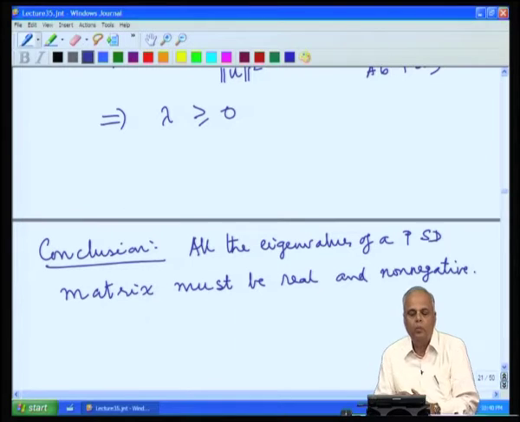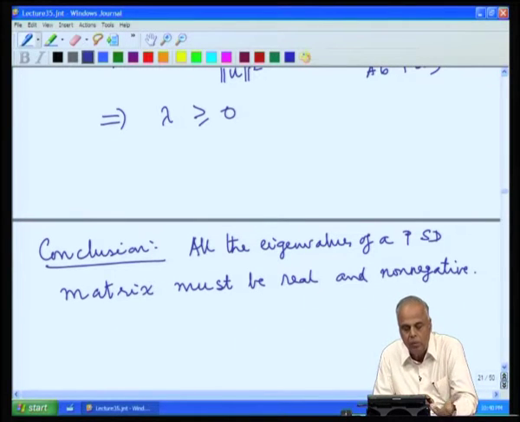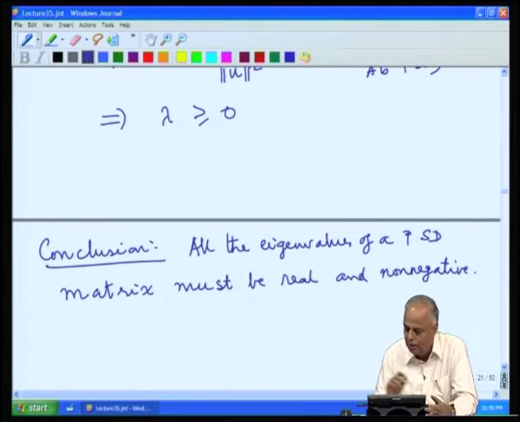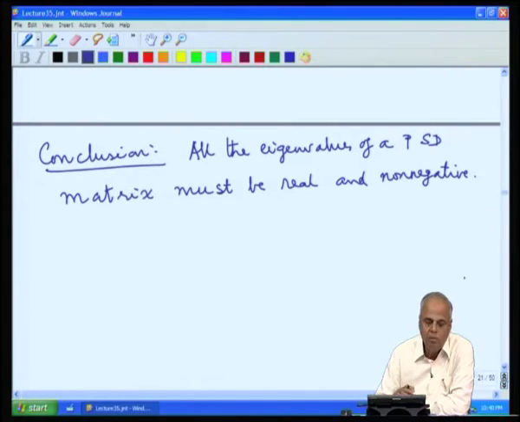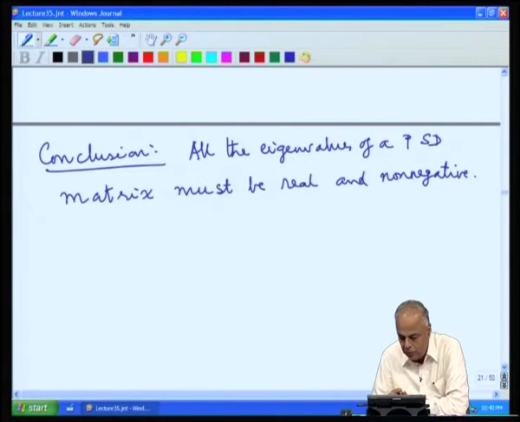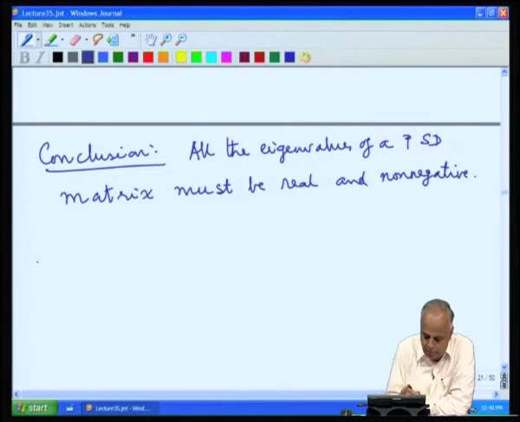Now, 0 can become an eigenvalue only if the null space has non-zero vectors, only if nullity is greater than or equal to 1. So, all the eigenvalues of a positive semi definite matrix are real and non-negative. Now, what are the consequences of this?